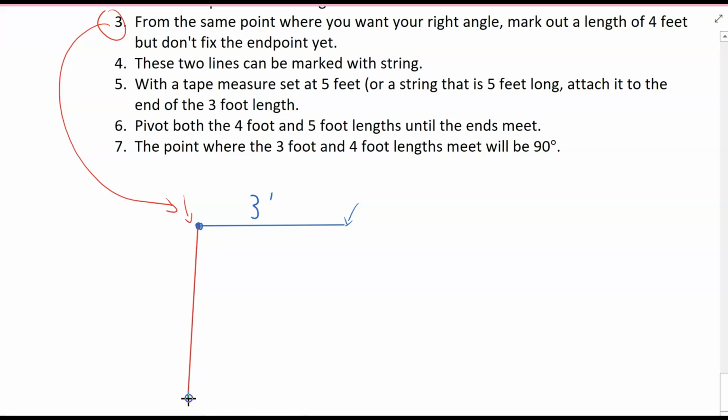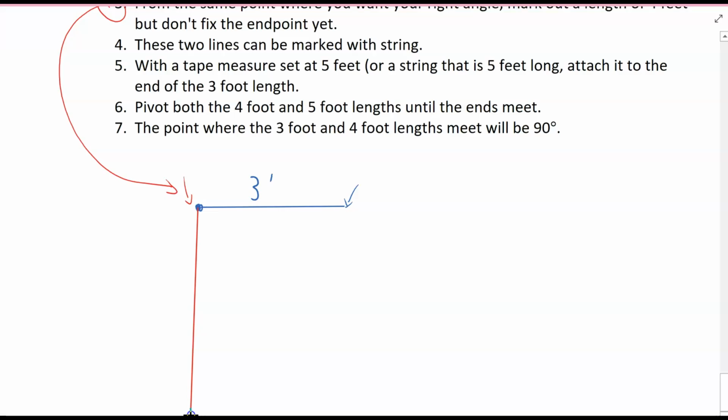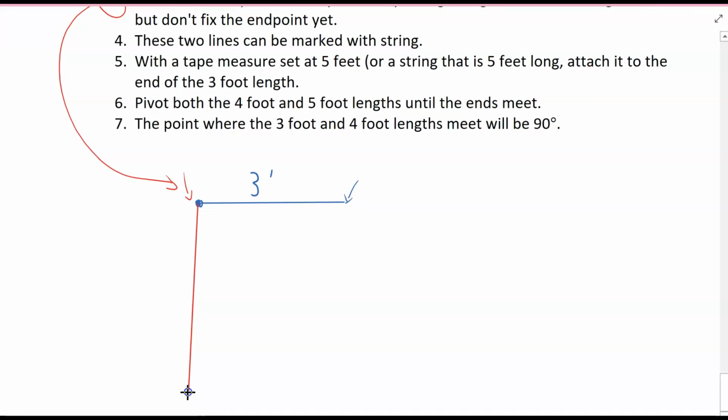Now we're measuring it out to be 4 feet, so I want it to compare to this 3 foot. We'll put it about here. So this is going to swing at this point. We're not really fixing the end point yet. And as you see, when it's about there, it's about 90. But we don't know where to place it yet. So we'll just place it there for now.